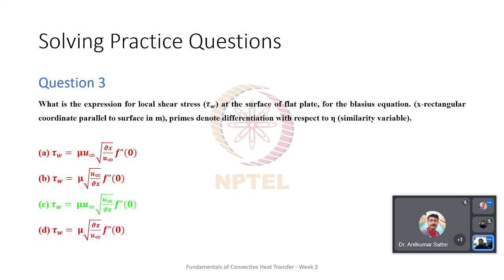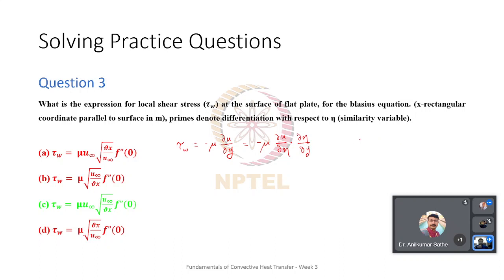So how can we land over here? Let's try to figure that out. Tau w can be written as minus mu into dou u dou y. So this dou u dou y can be written as dou u by dou eta into dou eta by dou y.